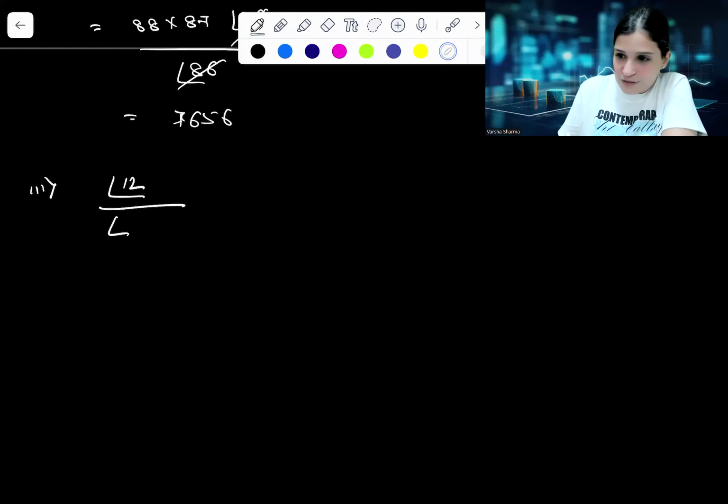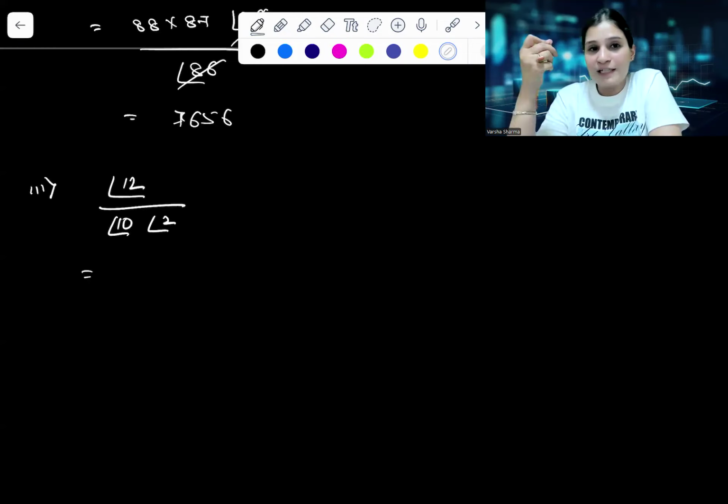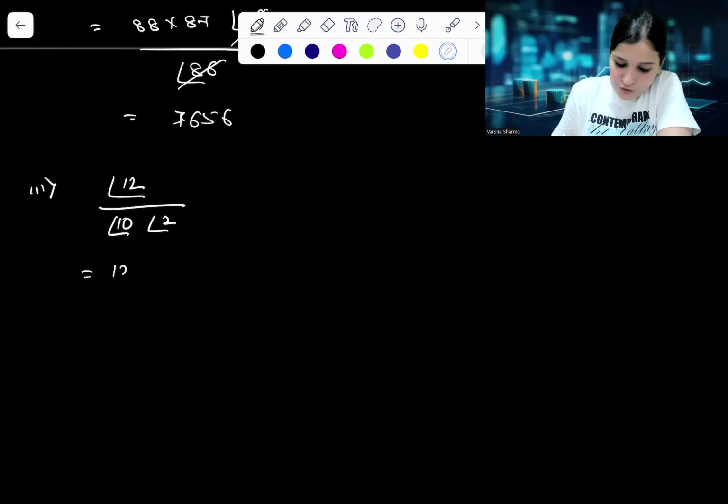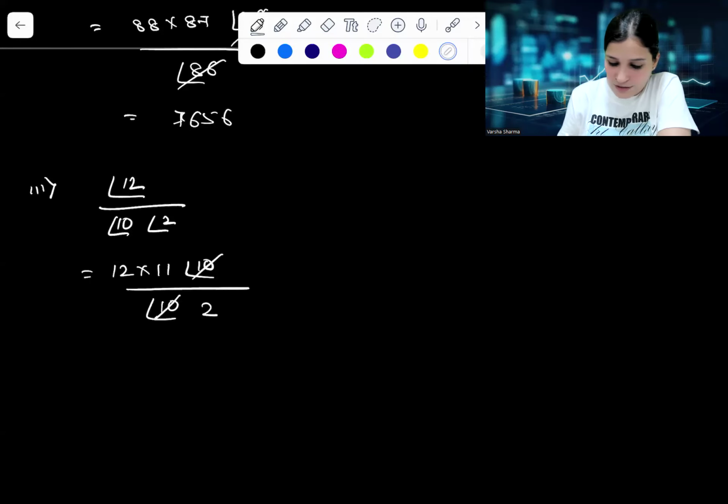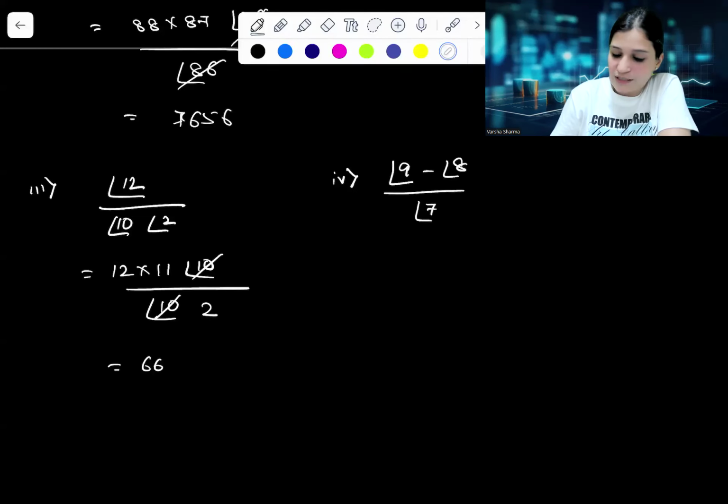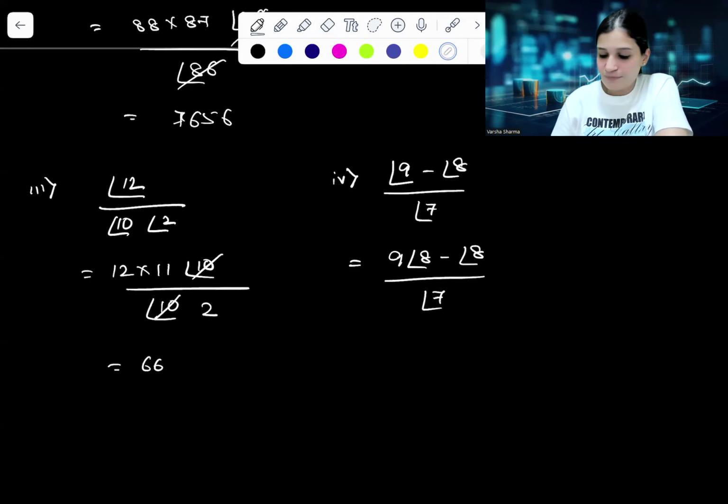Third. Factorial 12 upon factorial 10 into factorial 2. So I'll open factorial 12 till I get 10. So 12 into 11 into factorial 10. Factorial 2 is 2 into 1. Answer 66. Yes, ma'am. Fourth one. Factorial 9 minus factorial 8 upon factorial 7. 9 into factorial 8 minus factorial 8 upon factorial 7.